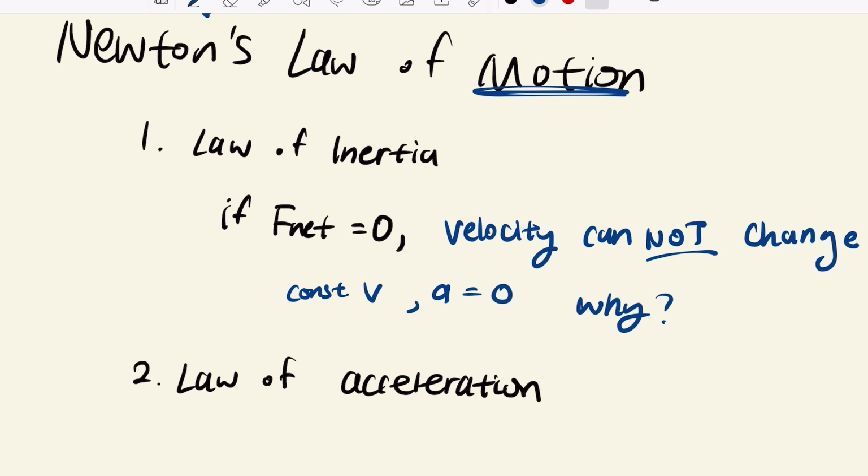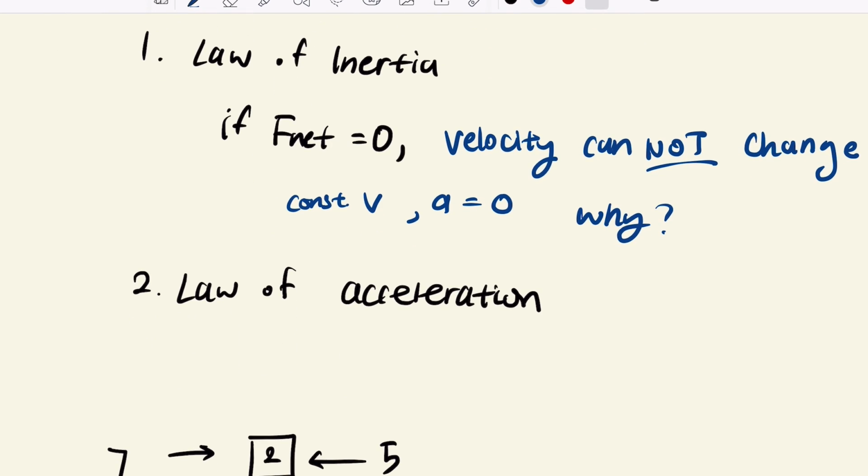Let's say that a ball is already rolling on an ice field where we're going to assume no friction. If a ball is already rolling and there are no other forces acting on it, in an ideal world where there is no friction, the ball is going to keep moving in that same direction and at that same speed, right? So F net equals 0, meaning that there are no other external forces acting on it. The velocity cannot change because there can be no acceleration on the object.